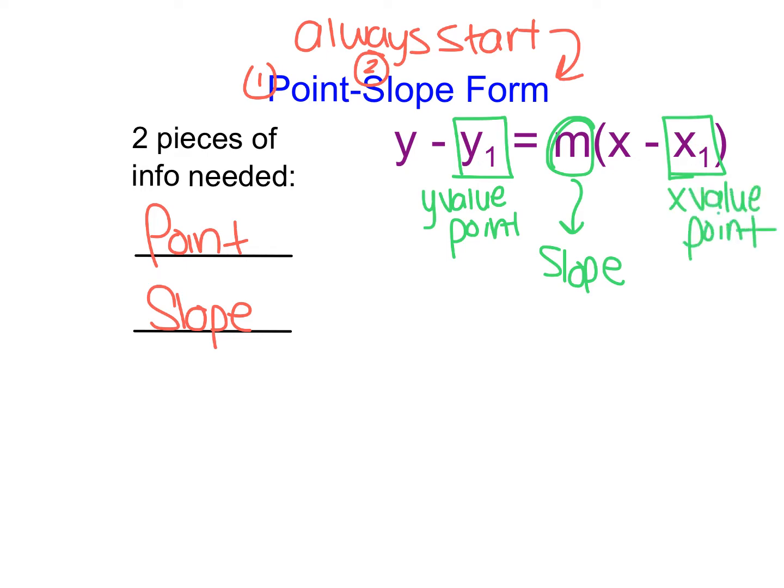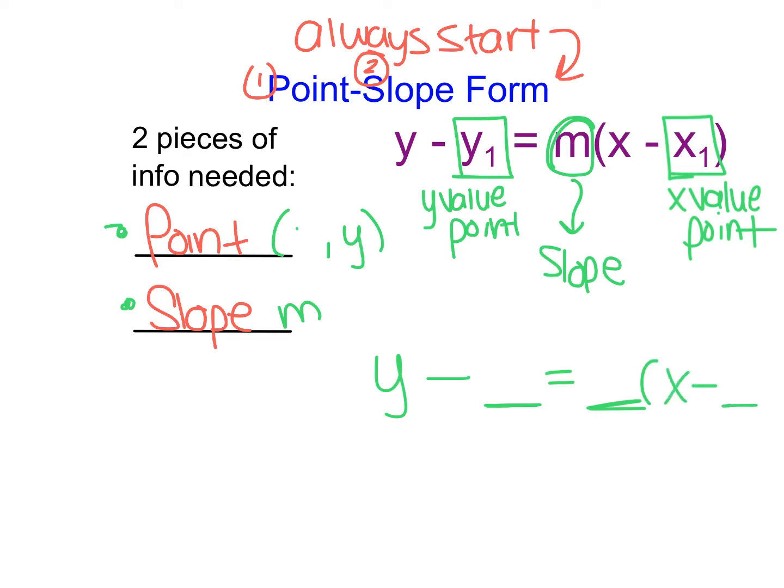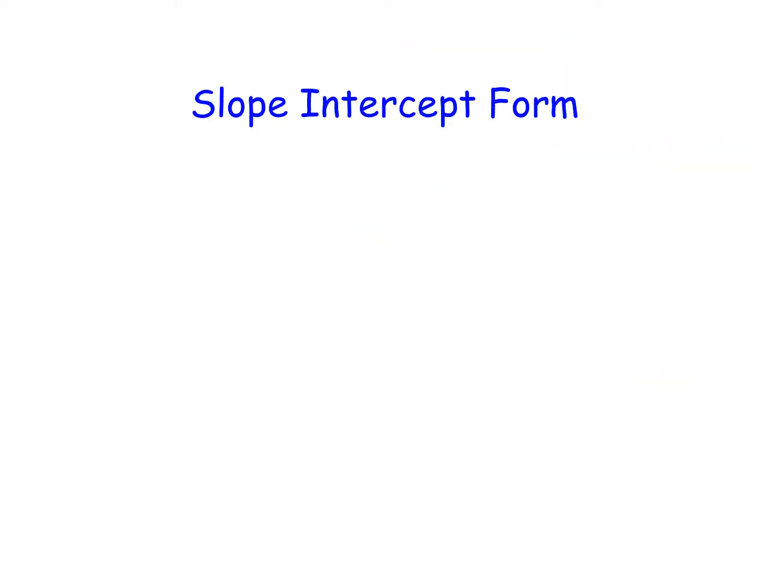So if we have a point and a slope, all we're going to do is write Y minus whatever the Y value of our point is, equal to our slope M, which is right here. Then in parentheses, X minus the X coordinate of our point. So we're going to be substituting in three different values when writing an equation in point-slope form.